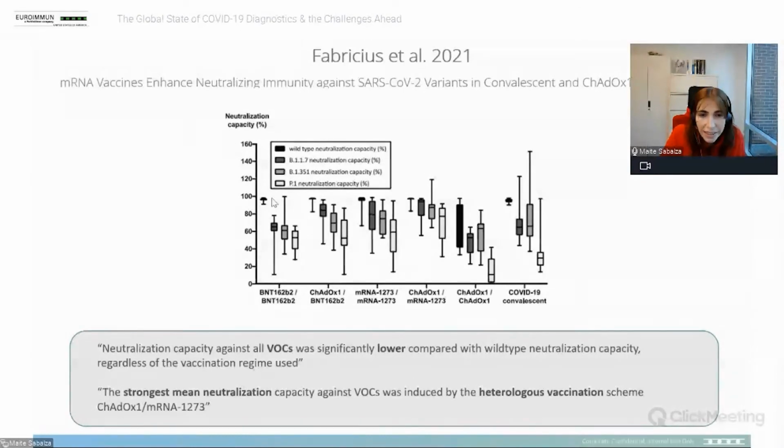So we can see that there is a general trend. The neutralization capacity is significantly lower when compared to the wild type. It happens with all types of vaccines as well as in infection. What is very interesting is that in the case of a heterologous vaccine, the neutralization capacity was the highest.